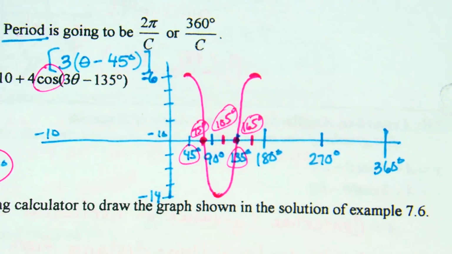Now officially, you'd be trying to find the middle of 165 and 45, so you could find the average. You could add them and divide by 2. Yeah.